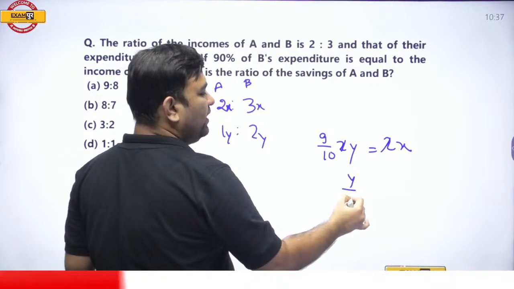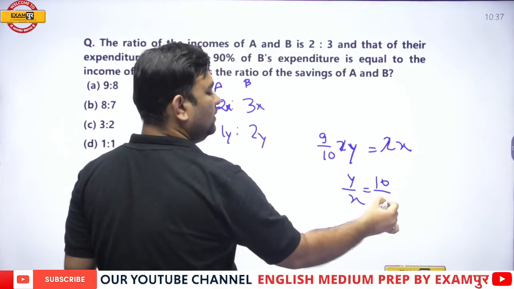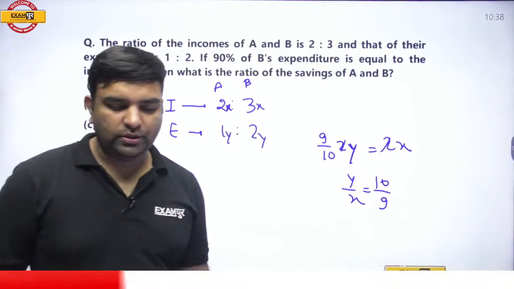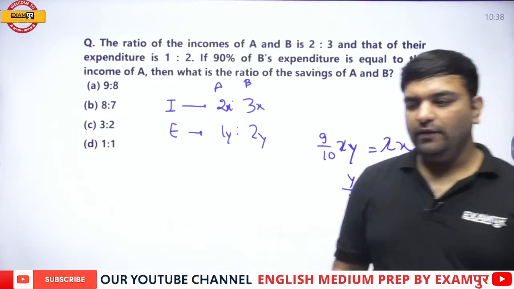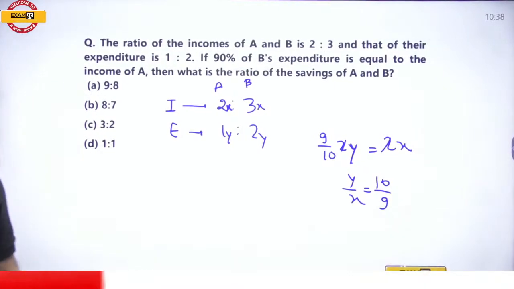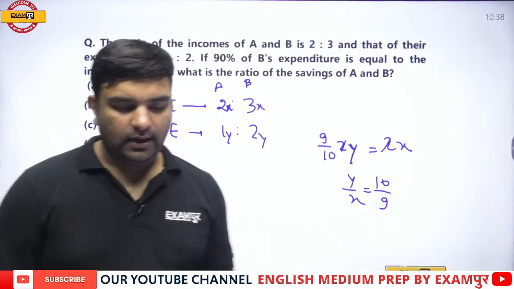So y over x is in the ratio 10:9. If you only want to assume one variable, then also it is fine. I will take up that solution as well.